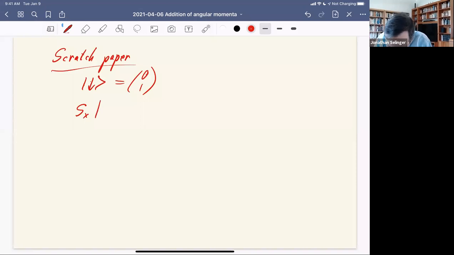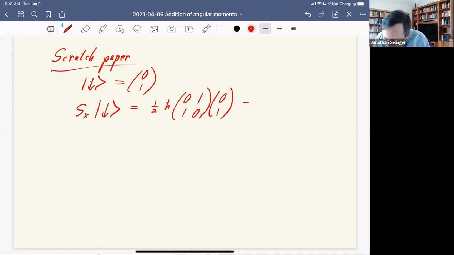Sx acting on that is a half h bar times this matrix times 0, 1. That is a half h bar times 1, 0.